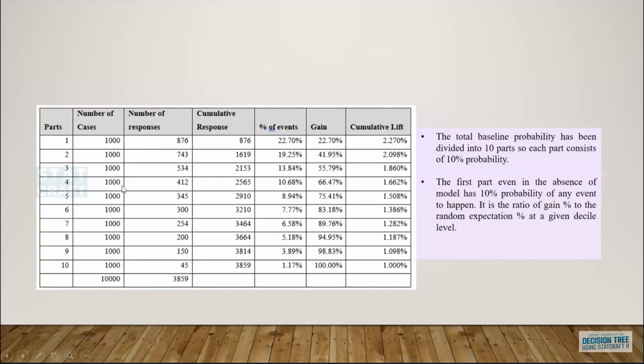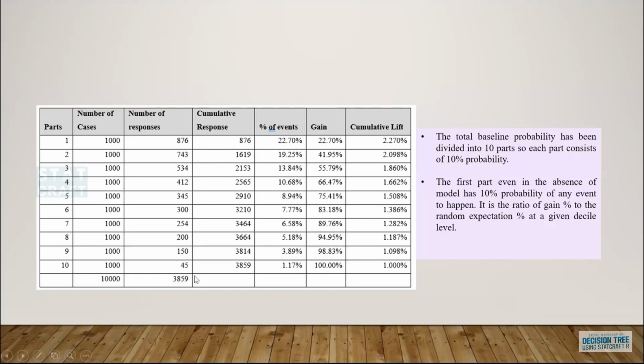Now I will arrange the data in the chronology of the number of events occurred. In the first part, out of 1000 events, 876 events occurred. The total events were 3859.